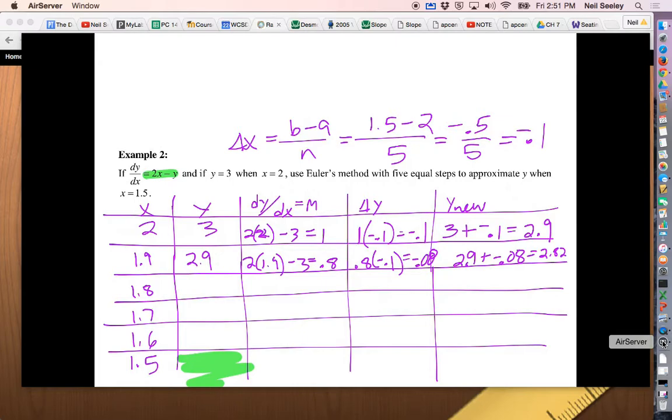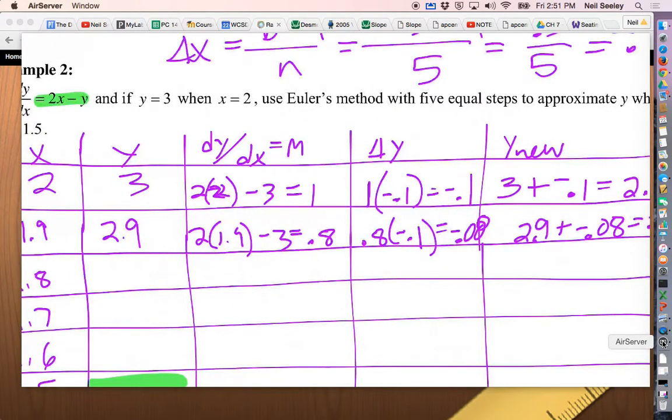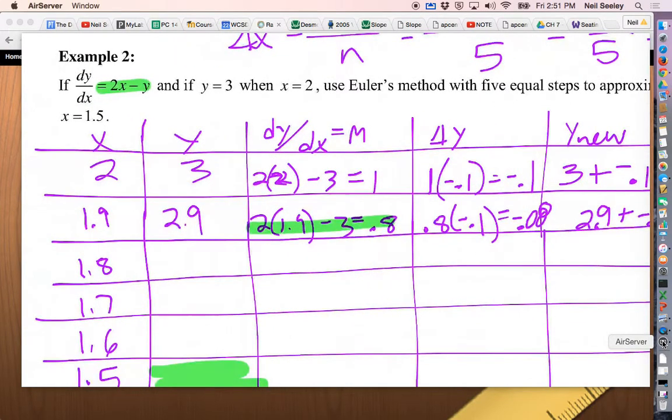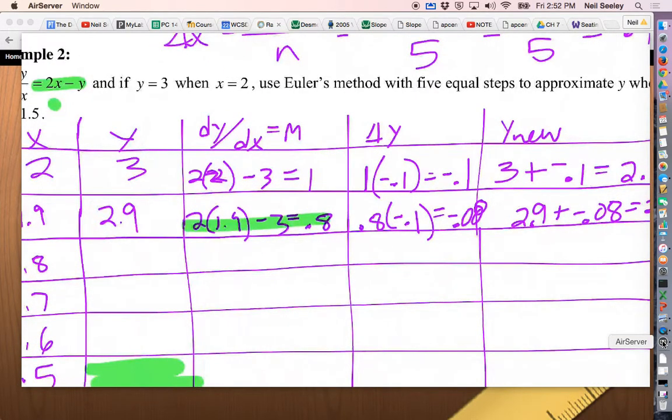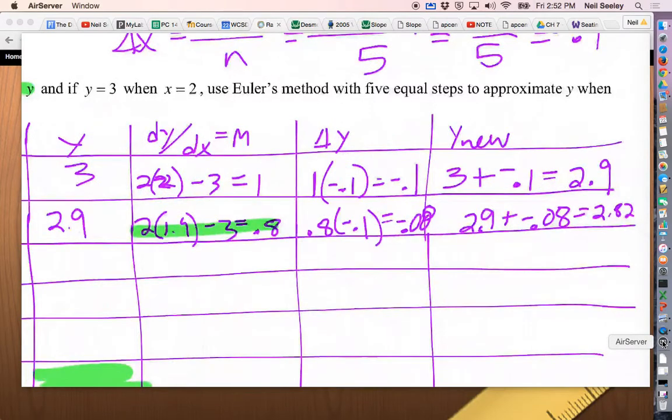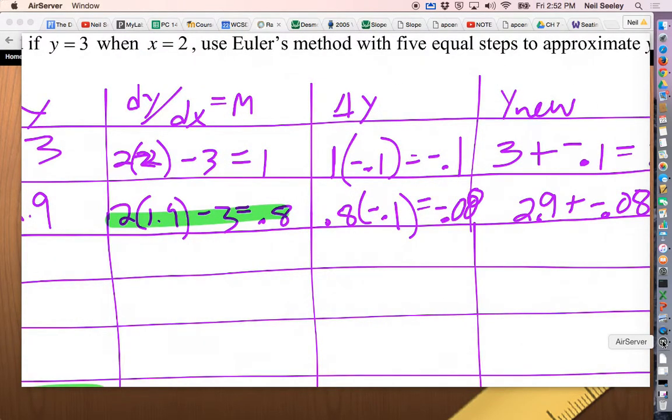Austin, which one are you looking at? This one right here? Yeah. So let's see. 2 times 1.9, my current x value, minus 3. So when you do minus 2.9? Ah, so this is minus 2.9. Yeah. Thanks. Solve. So just 2x minus 1.